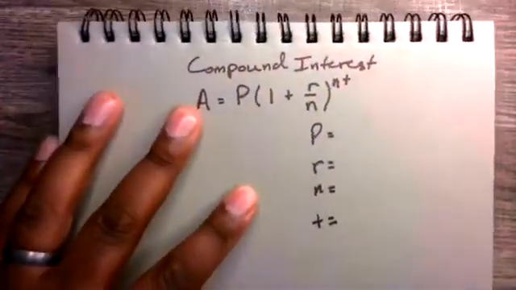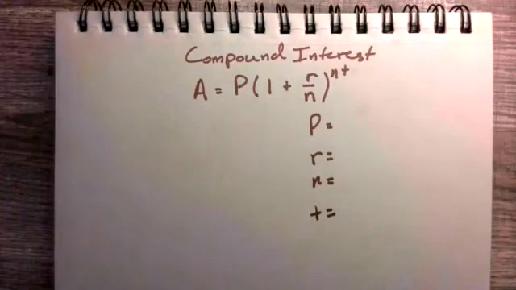Now there's a formula for compound interest. We're not going to get into what the formula is, but we are going to talk about just a few things about this formula.